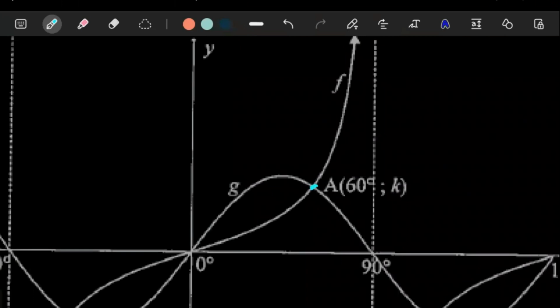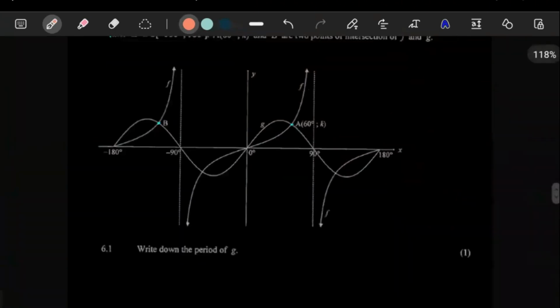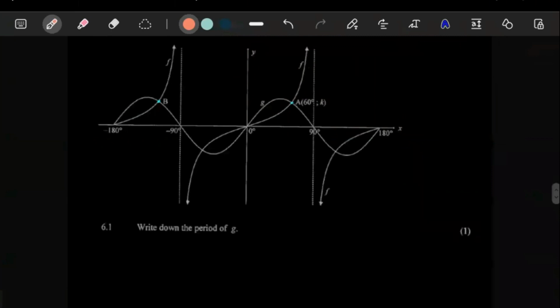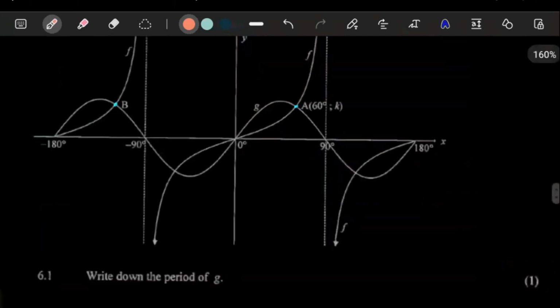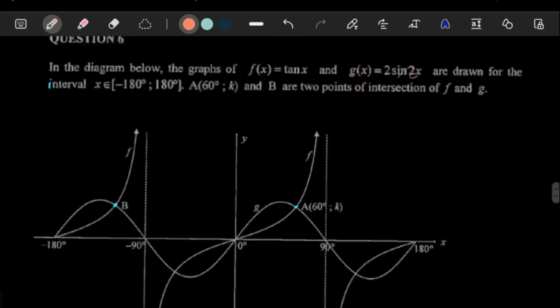So with all this being done, we need to do the following. Here it says, write down the period of g. Where is g? g is the sine graph.